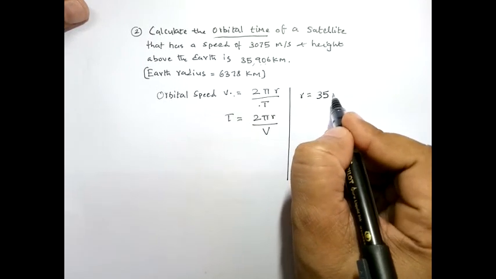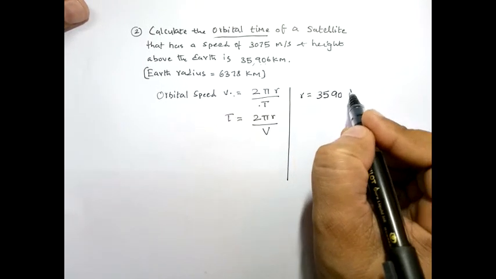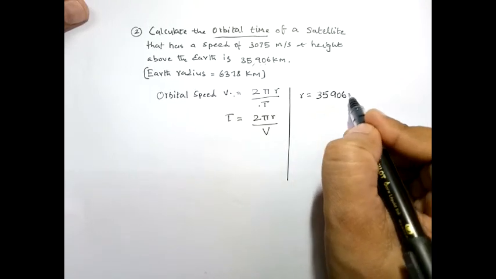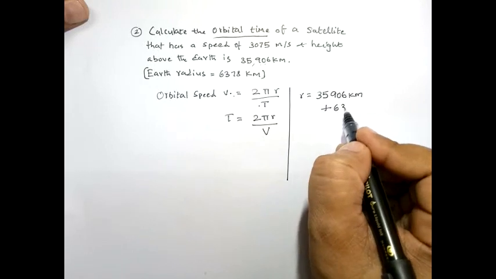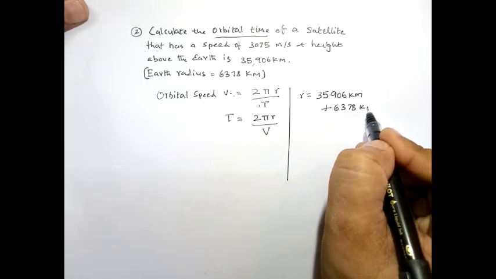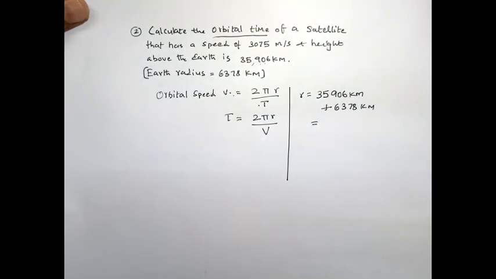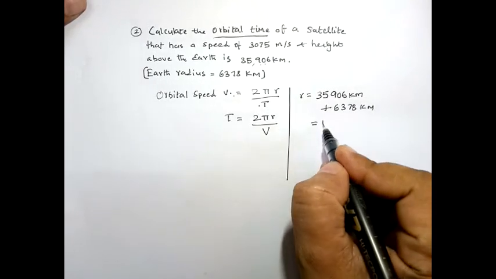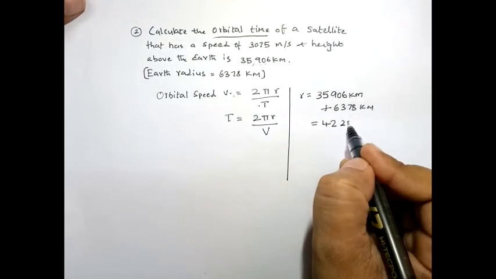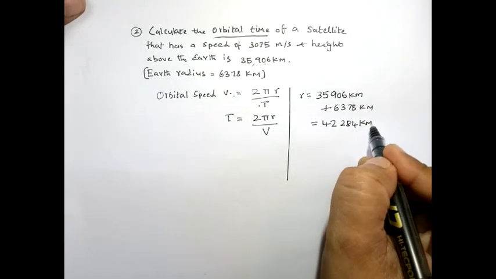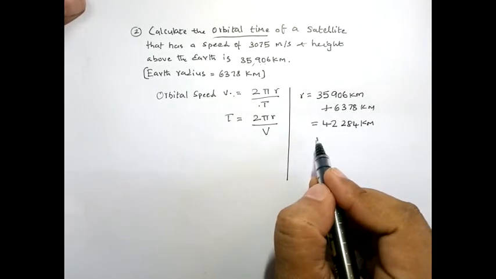You just have to add 35,906 kilometers plus 6,378 kilometers. What is the answer? It gives you somewhere around 42,284 kilometers.